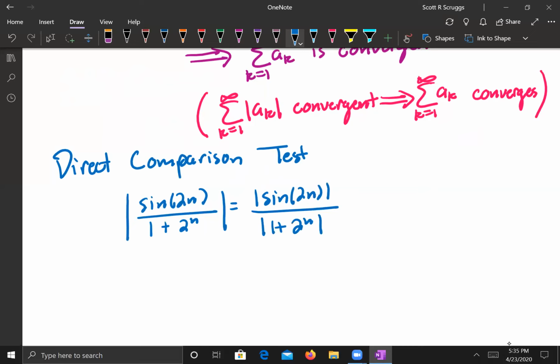The denominator is always positive, so the absolute value is redundant. So I have sine of 2n in the absolute value divided by 1 plus 2 to the n without the absolute value, because pick whatever positive number n I can think of, my denominator will be positive.